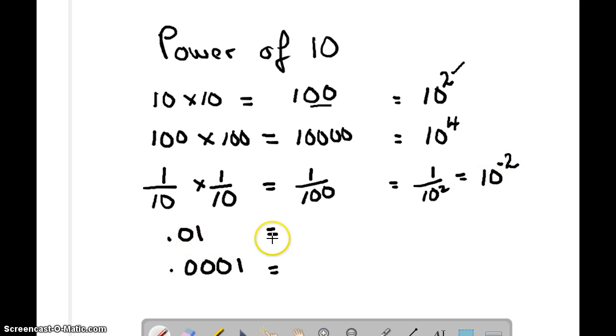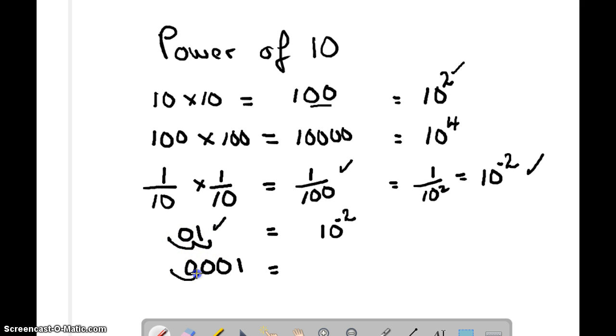When we look at 0.01, we move the decimal over 2 spaces, and that also means I get 10 to the negative 2. 1/100th and 0.01 are identical, 1 over 10 squared, and the nice notation with a negative exponent, 10 to the negative 2. So using that rule, we move the decimal point 2 spots.